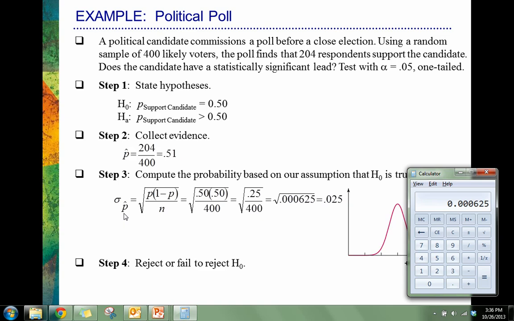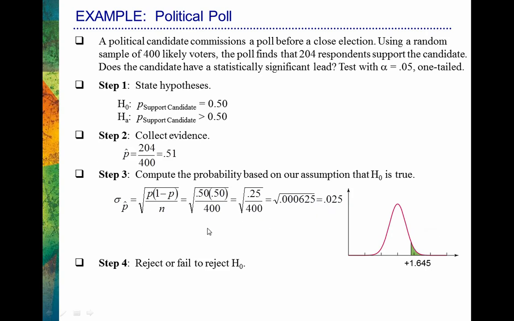Clearly, we expect some differences from one sample proportion to the next. We don't expect very big differences in the end. So in this case, we're going to take that entire number, and we're not going to round it, and we're going to take the square root just to make sure that we get an accurate number in the end. So we'll have to do that when we're dealing with these really small numbers. No big deal. So take the square root, equals 0.025. All right. Well, that is our standard error.